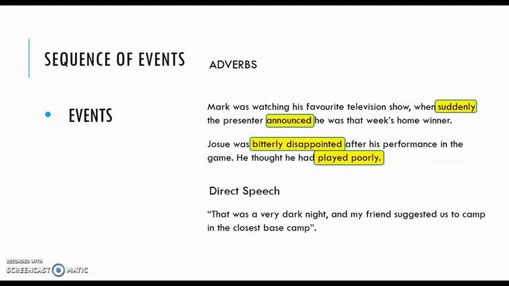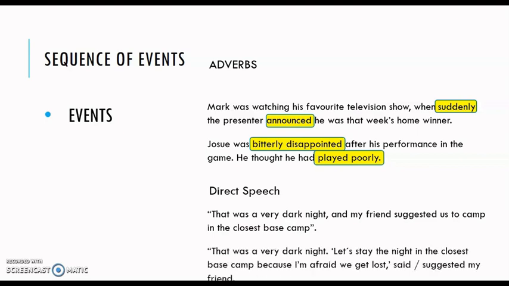For example, that was a very dark night and my friend suggested us to camp in the closest base camp. This is the narration, right, of how the story was. Let's change it to direct speech and we can say, that was a very dark night. Let's stay the night in the closest base camp because I am afraid we get lost, said my friend.